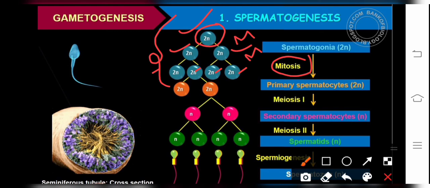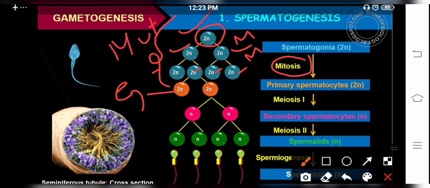Understood? So after that there will be a growth phase. This is the multiplication phase. See, what happens in the growth phase? Here all the spermatogonia will be diploid, right? In growth they are dividing with the help of mitosis, and there is no reduction in the number of chromosomes after mitosis.